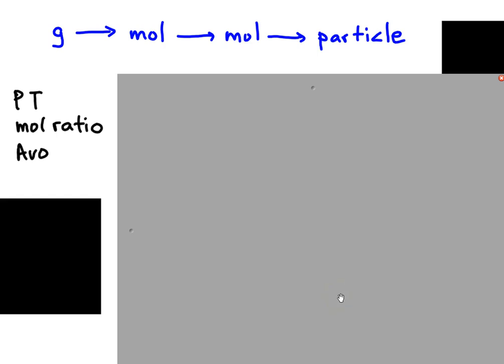What I stumbled on today, kind of like a revelation, was how to use two things that we've used in the past. The two things would be, first of all, the periodic table, mole ratio, and AVO in connection with this stuff up here, which is showing how we have to move to go from grams to particles, or from any part of this to any other part of this.